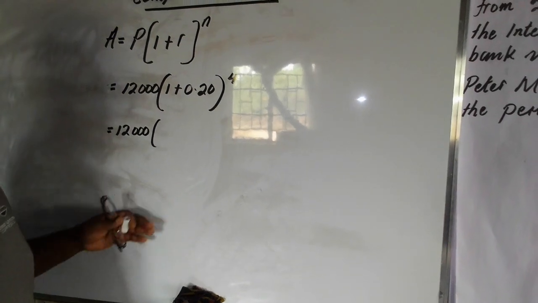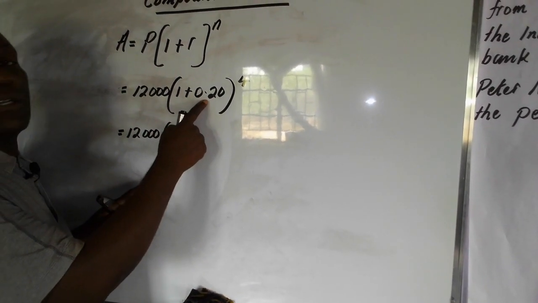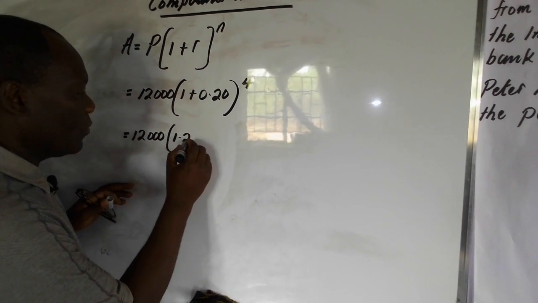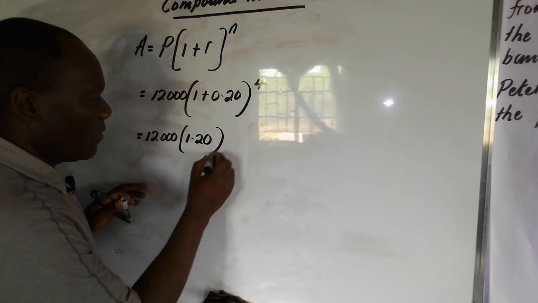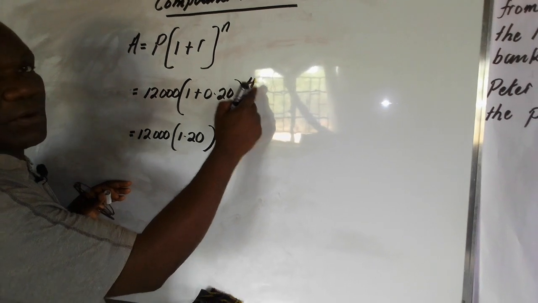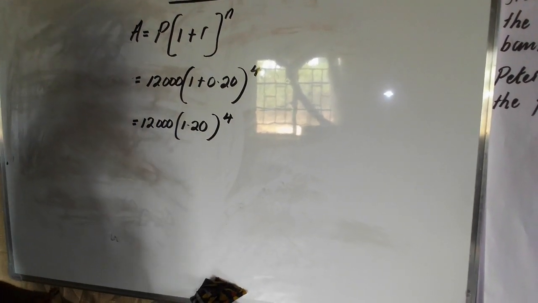Then open bracket. I'll add 1 plus 0.20, so I will have 1.20. Close bracket. Then I have the 4, which means the number of years. So I'm going to put it there.